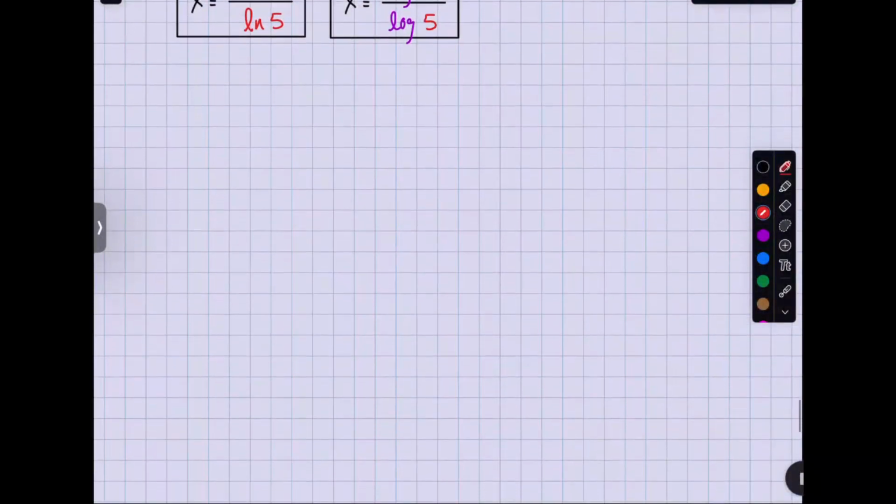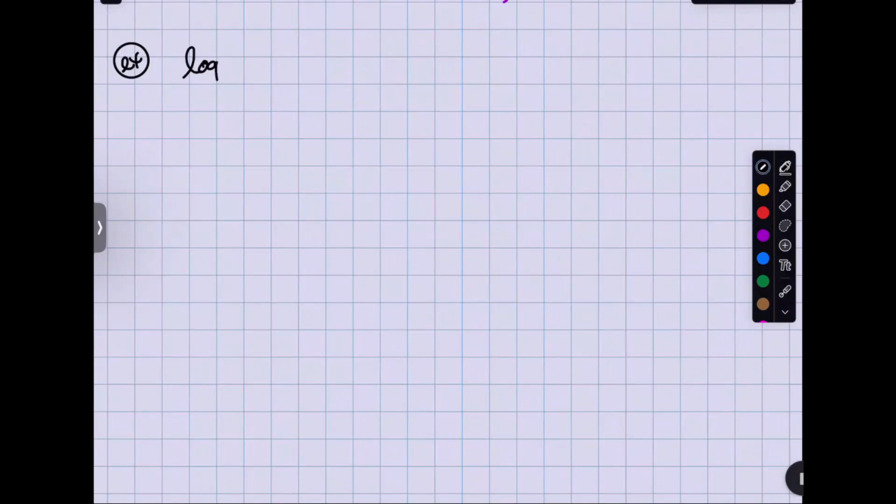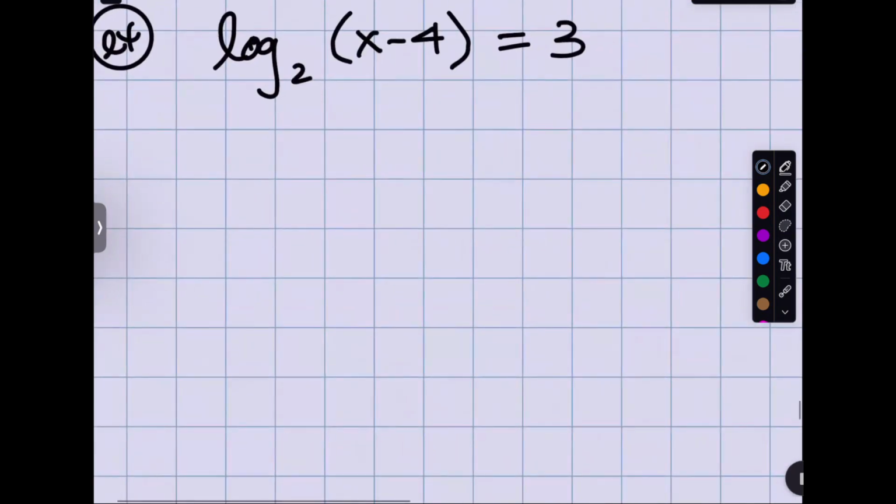So let's try another example. How would you do that problem?